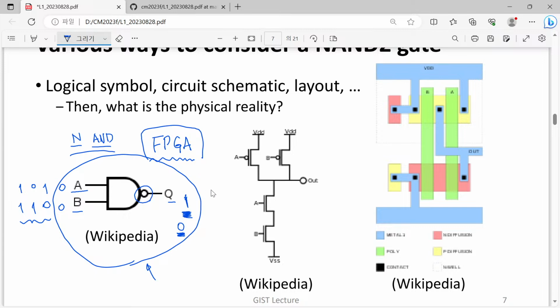More physically, we can say that this logical one in this system is a voltage close to a certain predefined value of VDD. Also, this logical value 0 is a voltage whose value is quite close to 0, so ground.